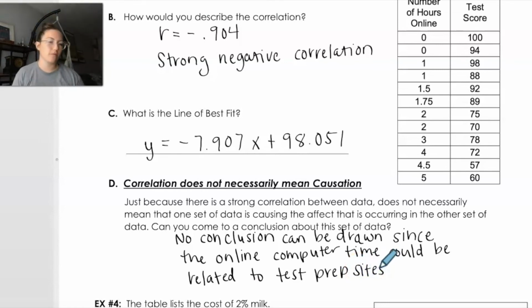Whatever the case is, there's 5 million reasons that we could not draw a conclusion about this.